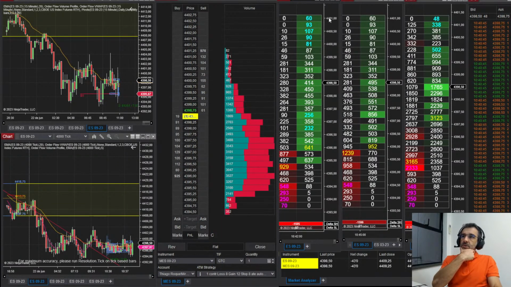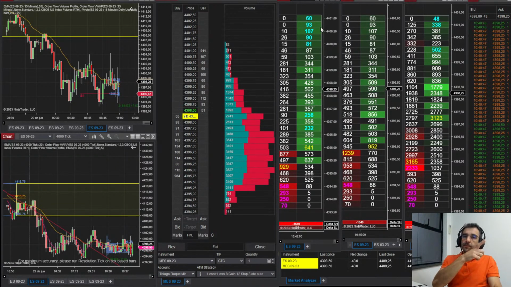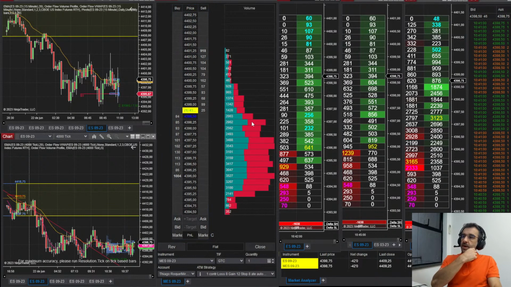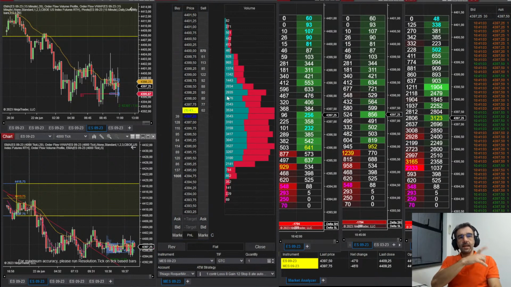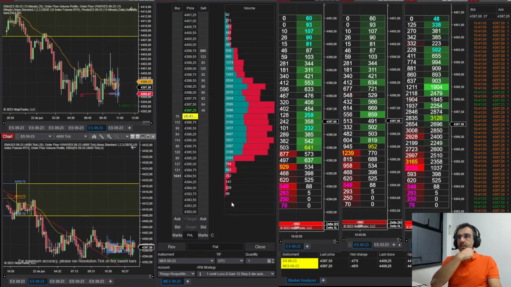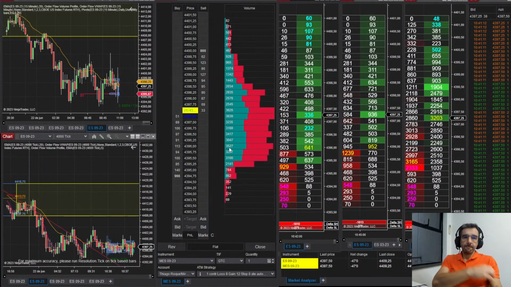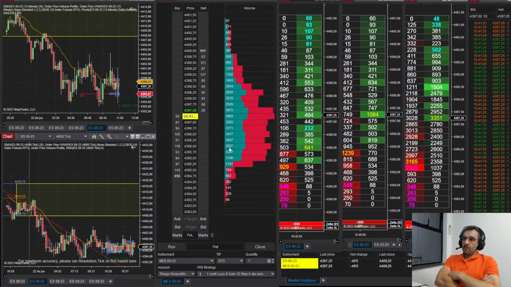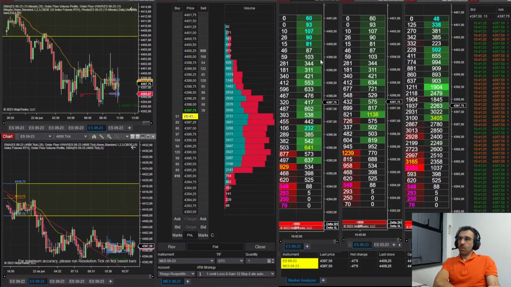Price returned again to 0.1, another exhaustion at 0.1. So this is meaningful. What we are seeing today, so far at least, is that the depth of market is lower than usual. We're below 1,000 contracts. We had an exhaustion at 375, an exhaustion at 0.1.